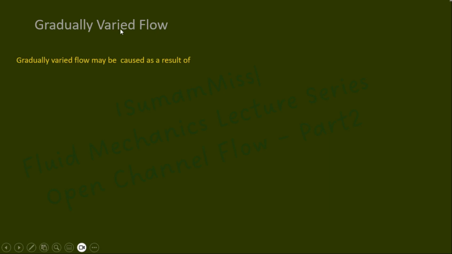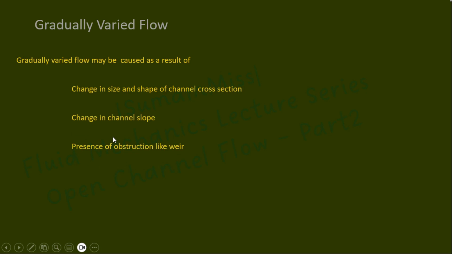Gradually varied flow may be caused as a result of a change in size and shape of the cross section of the channel, change in bed slope, obstruction in the direction of the flow, that means due to the construction of a weir or dam in the flow direction, and change of roughness or change of frictional force at boundaries. So these are the main reasons which cause gradually varied flow.